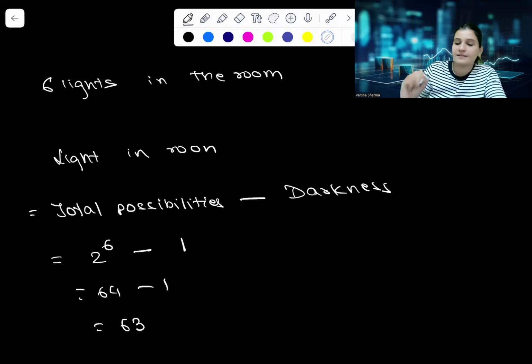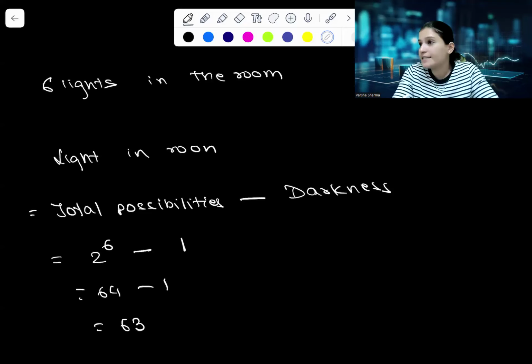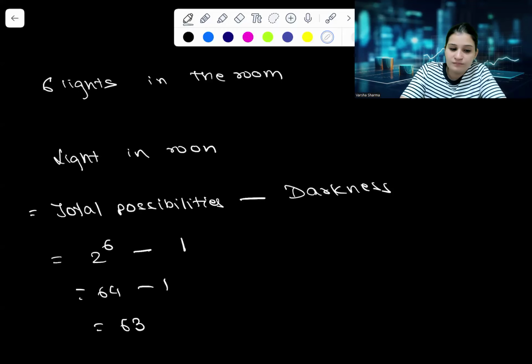The answer would be 63. In these 63 cases, there will be at least some ray of light. Sometimes more, sometimes less. But there will be some shred of light. Is it understood? So from the total, I have removed what I don't want. Is it okay? Clear? Any doubts?